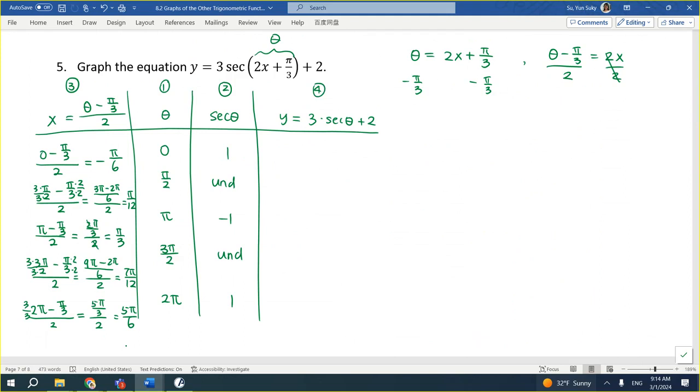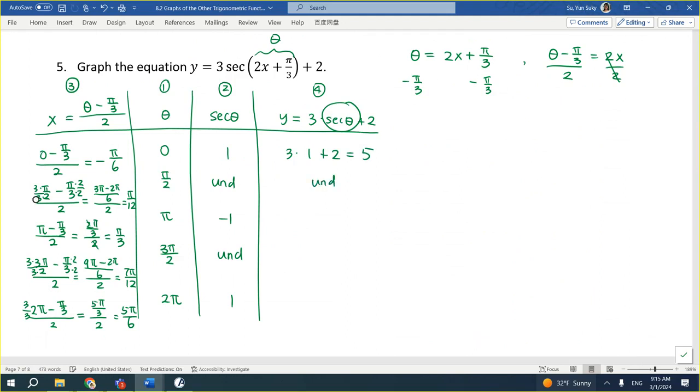So the first one, we plug in secant theta is 1. So remember, it's the whole secant theta is 1, so don't put secant of 1. And plus 2. What is that? 5. And when you plug in undefined, what do you get?